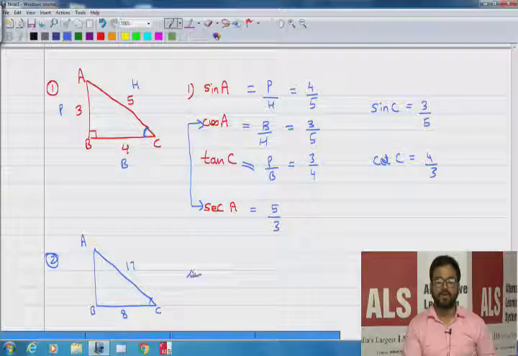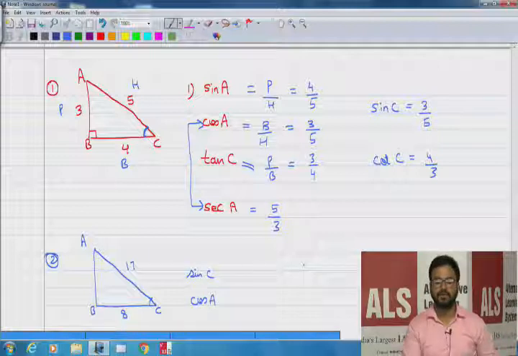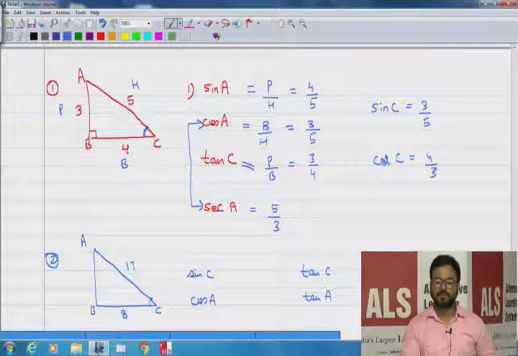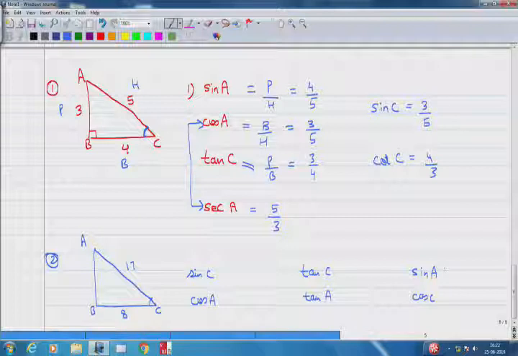Find the value of sin C, cos A, tan C, tan A, and sine of A and cos of C. Tell me the values for the 6 ratios with respect to this triangle which I have made. Angle B is 90 degrees.